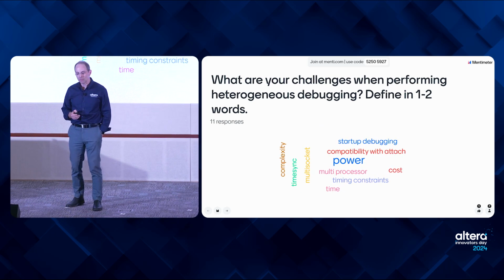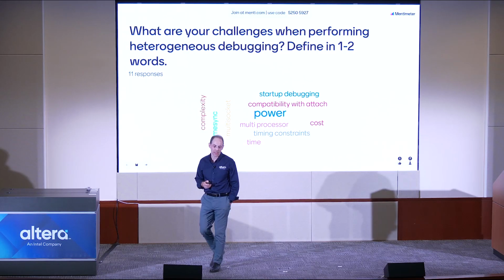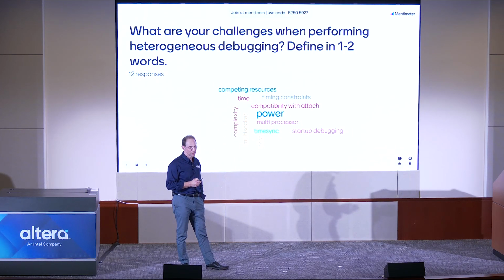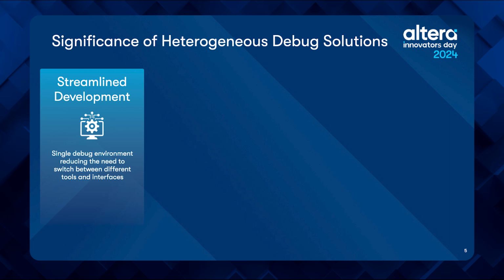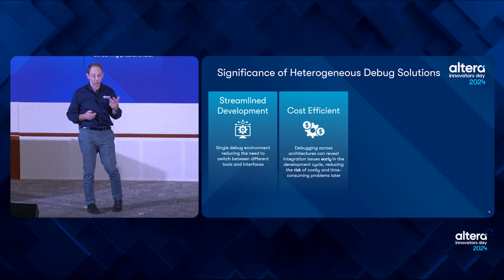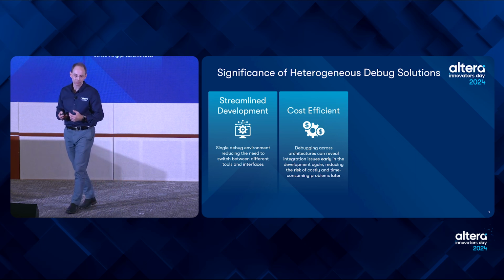So I think the significance of having excellent debugging tools is key. Let's go to the next slide. Okay. So first, it streamlines your development process. Having a single IDE to target multiple types of processors is really important, so you stay in the flow. Finding issues early will help you in cost efficiency because finding issues later in the development cycle is very costly.